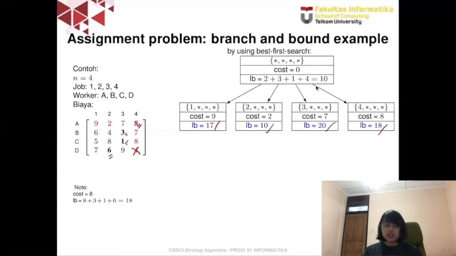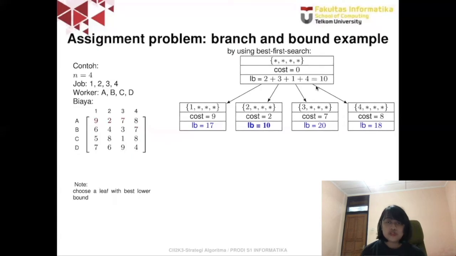So it is branch and bound using best first search. So we want to find the best leaf we have. And because it is a minimization problem, the best one here means the lowest bound we have up to this point. And the lowest bound we have here is 10.